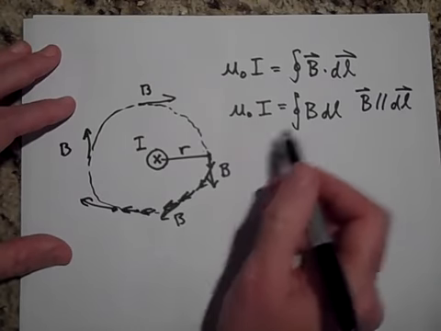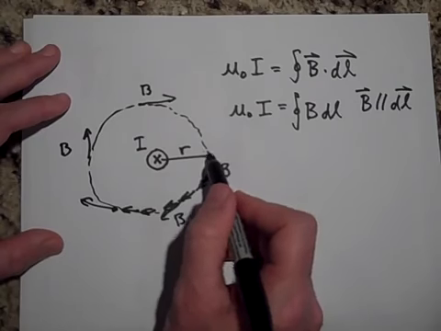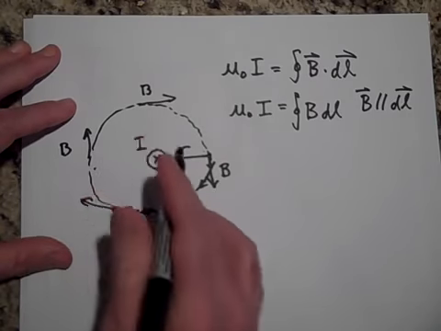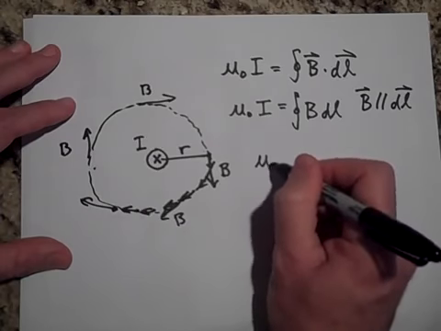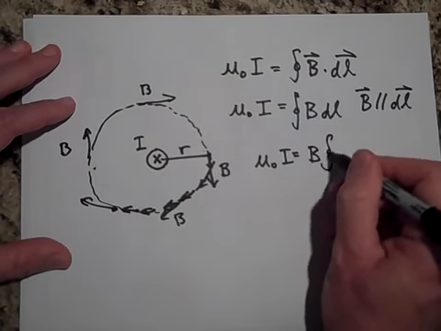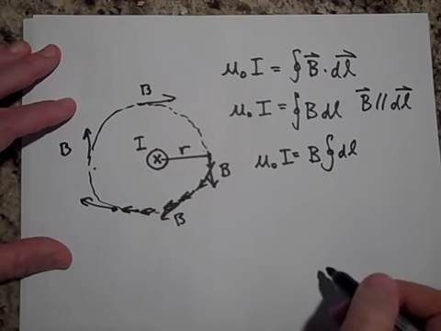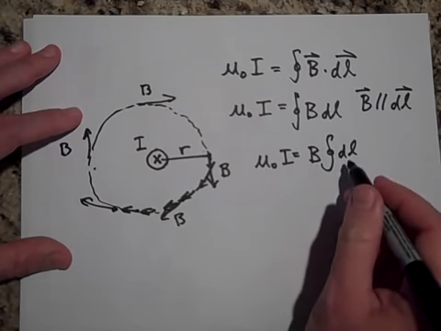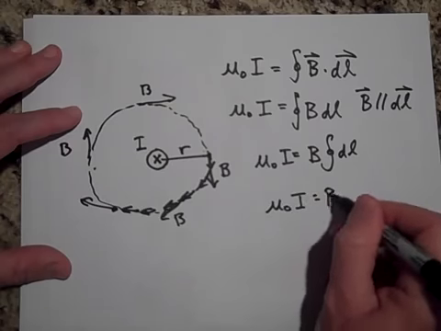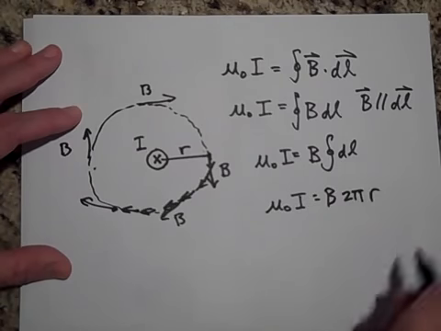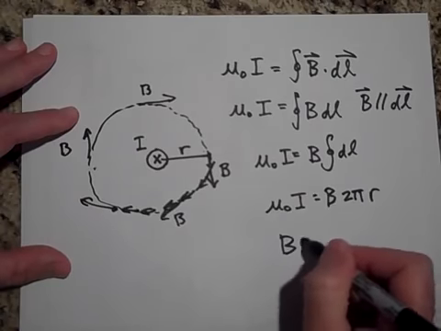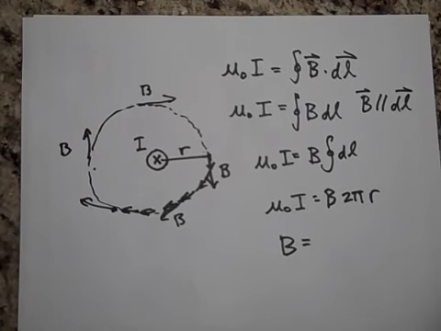Then I'm going to argue that B is not stronger here than here than here, because of the symmetry, they're the exact same strength. And so I can pull that B out of the integral. When I do, I'm just left with summing up all the dLs. If I sum up all these dLs, do you see that I just get 2 pi r? And so you can bring the 2 pi r to the other side.